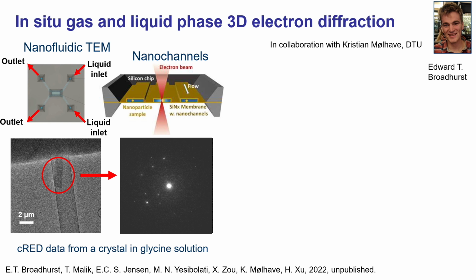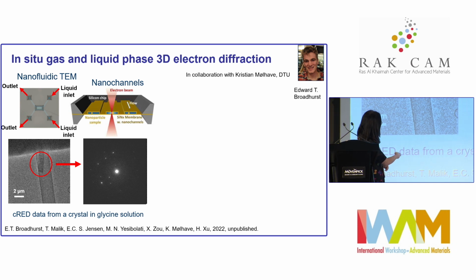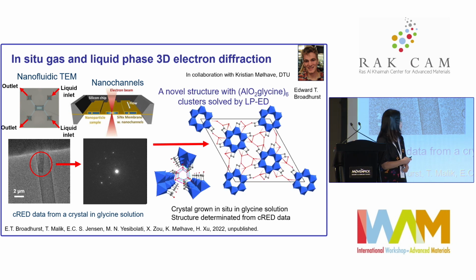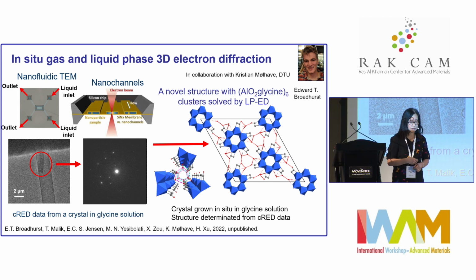You can see that we can grow crystals in these nanochannels, collect the electron diffraction data and solve the structure. This is a new structure with aluminum clusters and glycine clusters, a very nice framework, and the structure could be solved directly from these nanocells. So there is a lot of potential for electron diffraction.